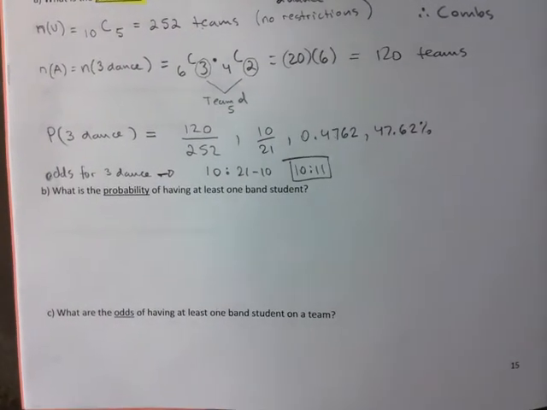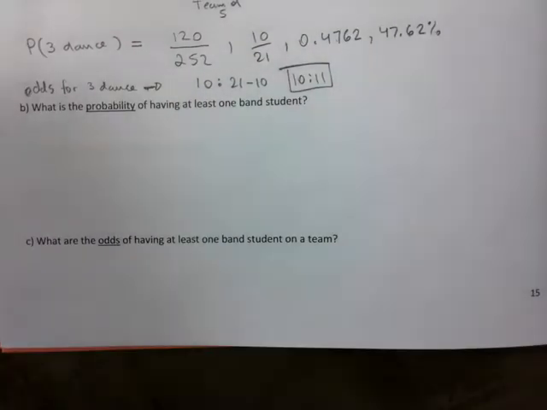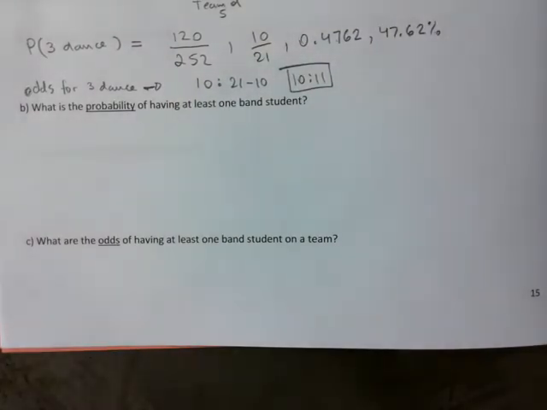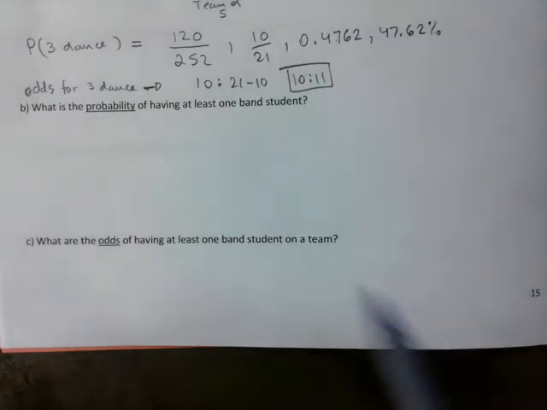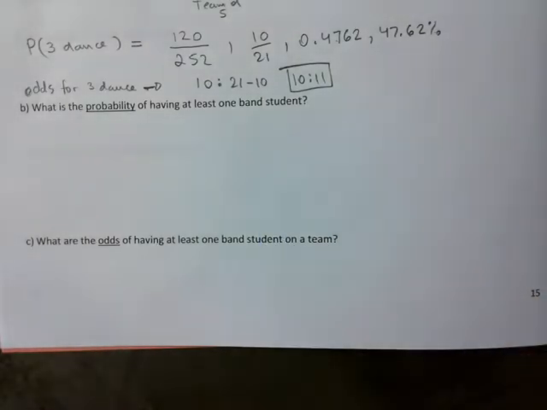What about the next one? The probability of having at least one band student. Right? The at least is a problem, right? You can't say it's just one case. There's multiple cases where that can happen, because it's saying 1 band, 2 band, 3 band, and so forth.